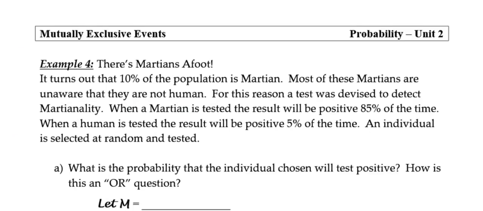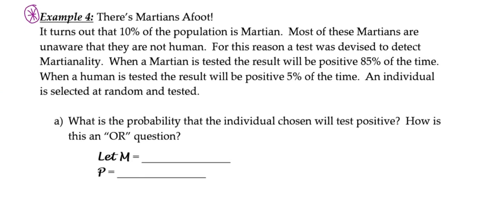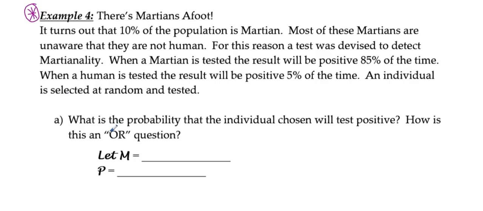Next question. This question I want you to put a star on because you will see it in some of your homework. You will see it in some of the practice sheets, and I can guarantee you will probably see this on the test. So this combines ands and ors and conditional probability. So we have all three things.